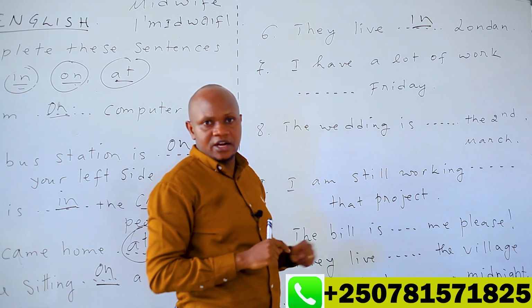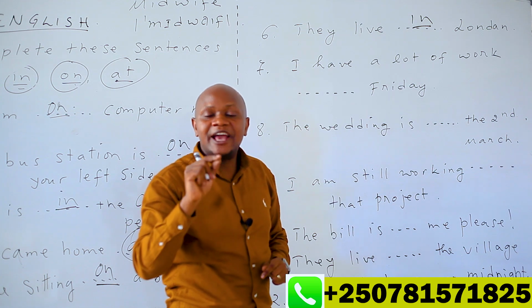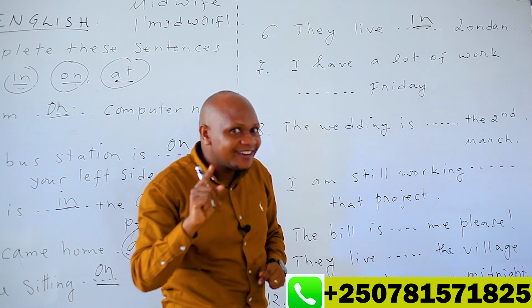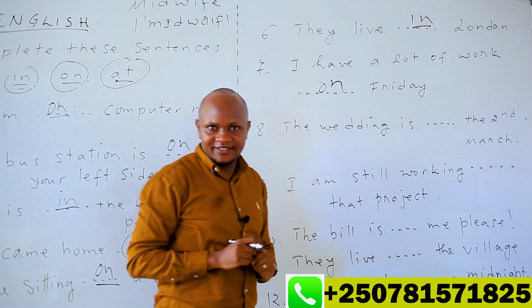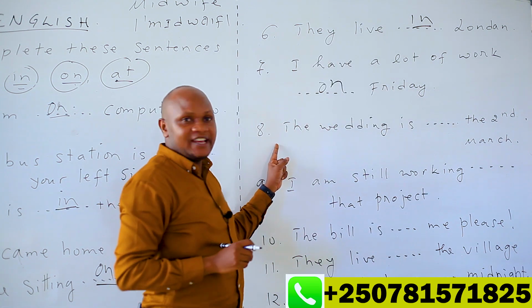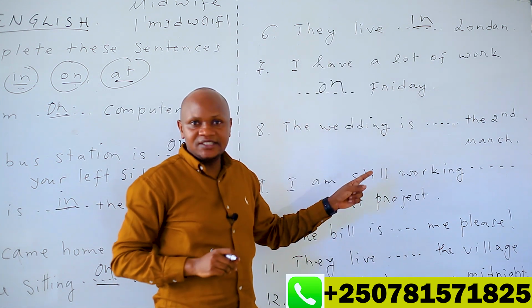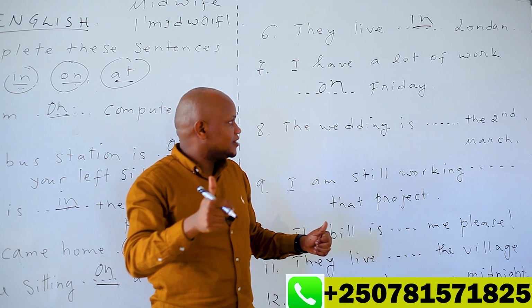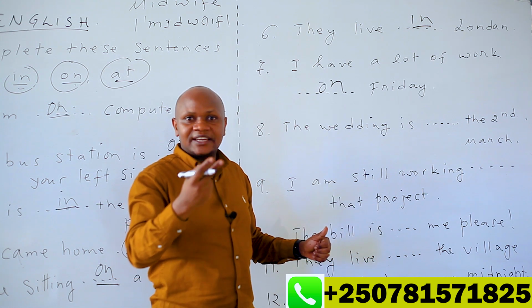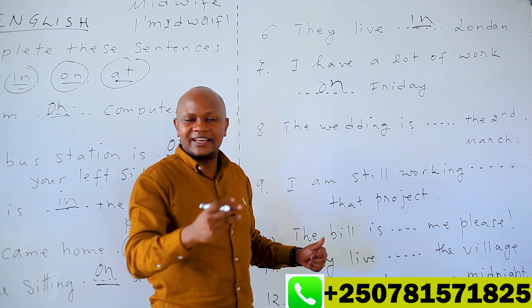What can we put here? I have a lot of work on Friday. Yes, number 8. The wedding is in the 2nd March, on the 2nd March, at the 2nd March.